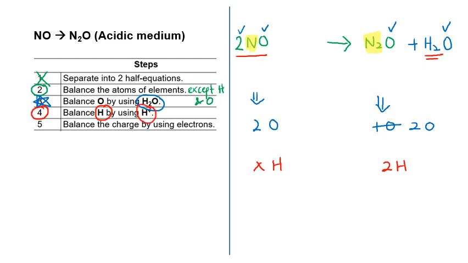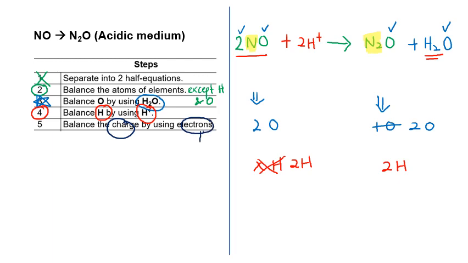This is the statement here and we cannot change it as we like. Okay, we have to follow the steps given. So here we are going to put plus 2H plus, and then now left and right also consist of 2 hydrogen. So the last one, we're going to balance the charge by adding electron.